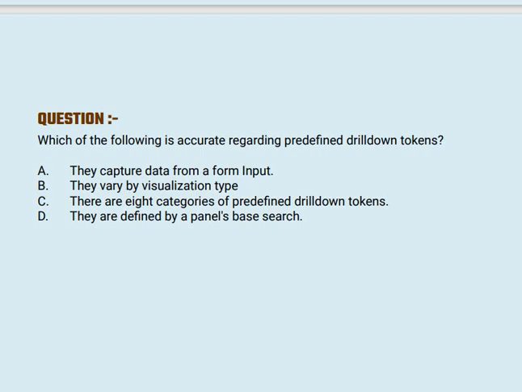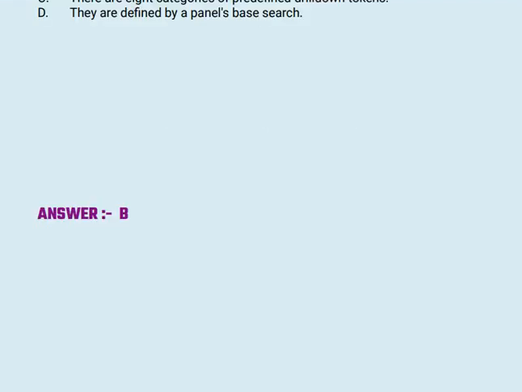Option C, there are 8 categories of predefined drilldown tokens. And option D, they are defined by a panel's base search. The correct answer is option B.